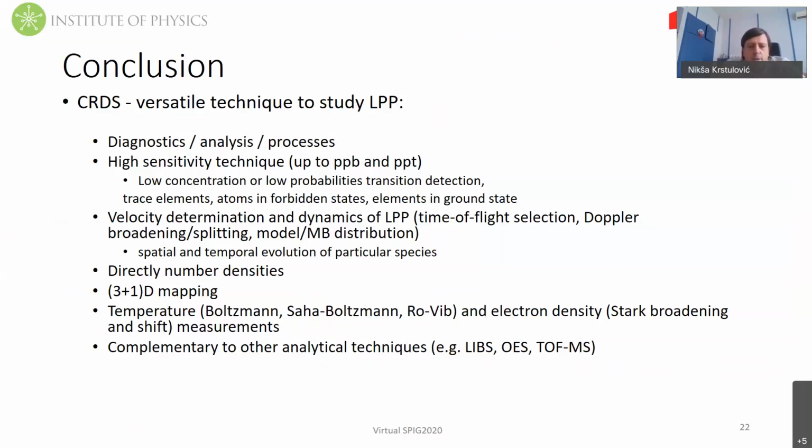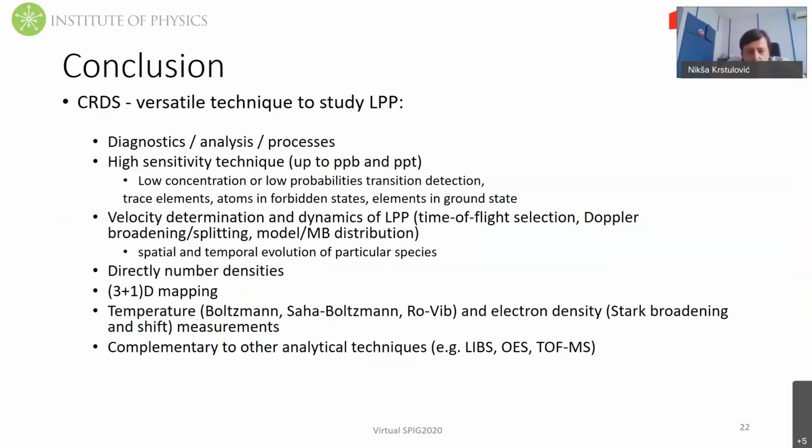We can also do velocity determination, not only the parallel and orthogonal velocities, but also, from our model, get a velocity distribution and do a complete spatial and temporal evolution of particular species.